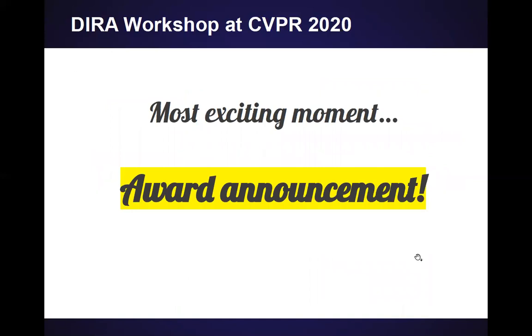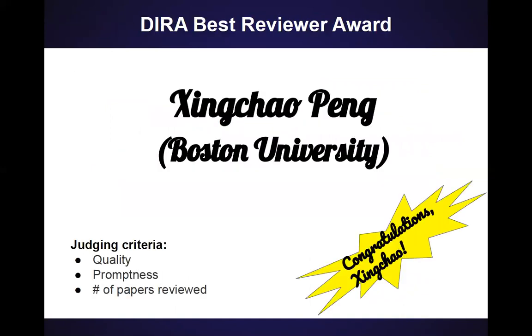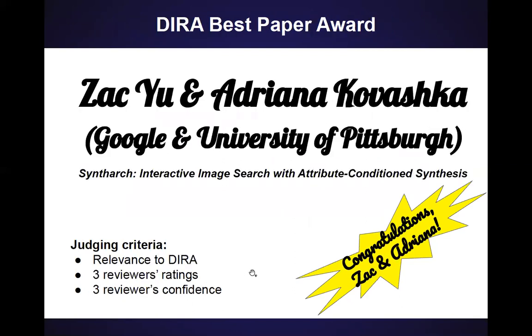Most exciting moment, the award announcement. The Best Review Award for our DIRA workshop goes to Xin Chaopeng from Boston University. Congratulations, Xin Chao. The judging criteria are review quality, promptness, and the number of papers reviewed.